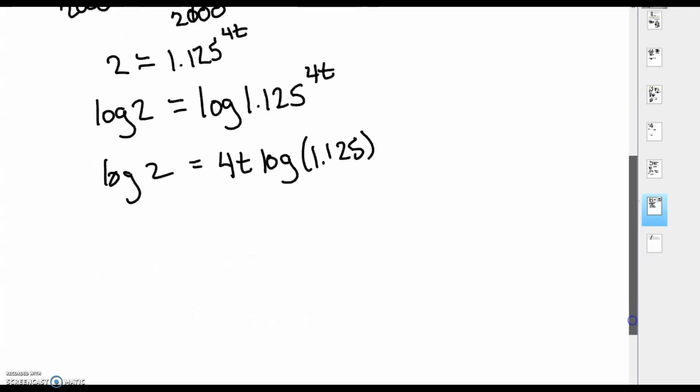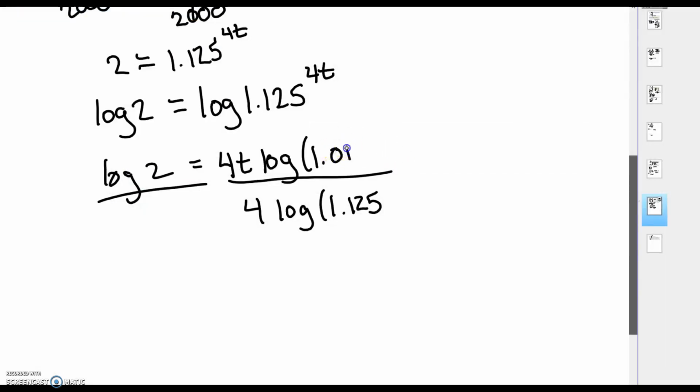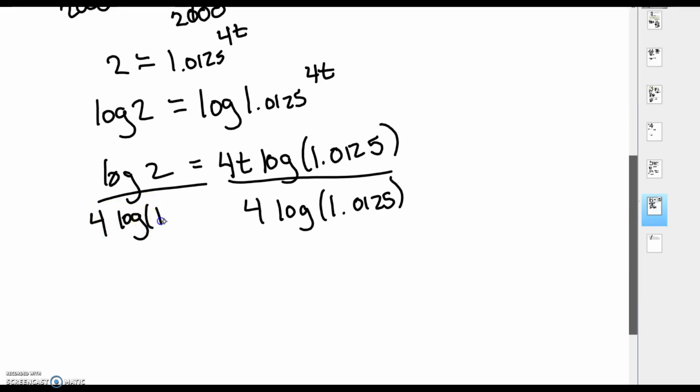So if I want to get the t by itself, I'm going to divide both sides by 4 log of 1.0125. You know, guys, if y'all were in the room, you'd be telling me what to do right now. Saying I'm a crazy person. That's okay.